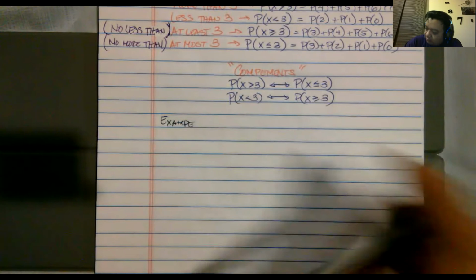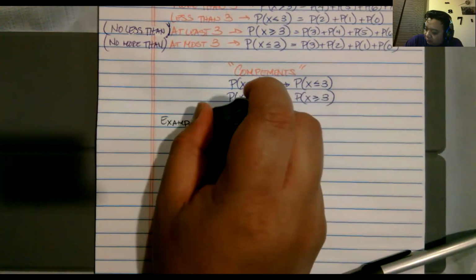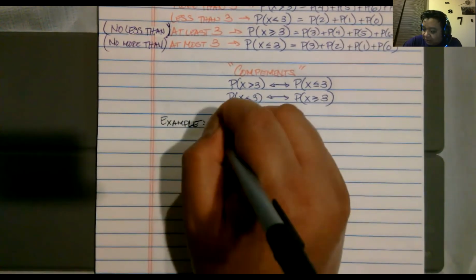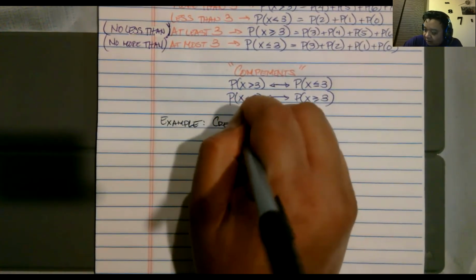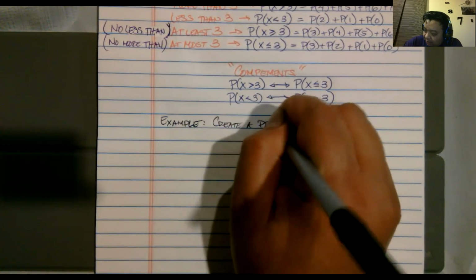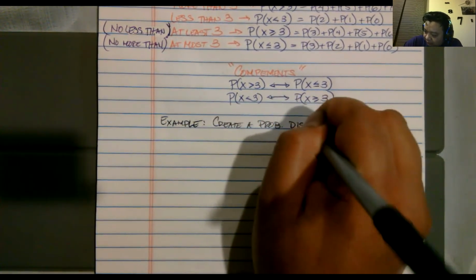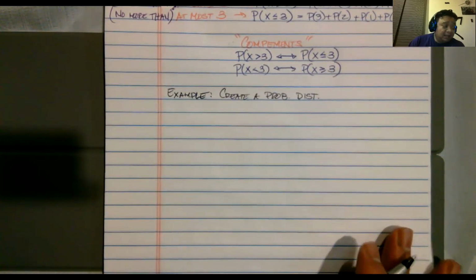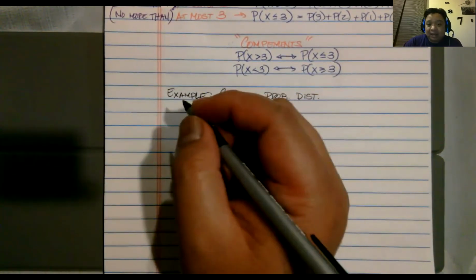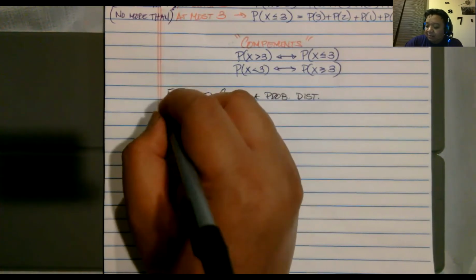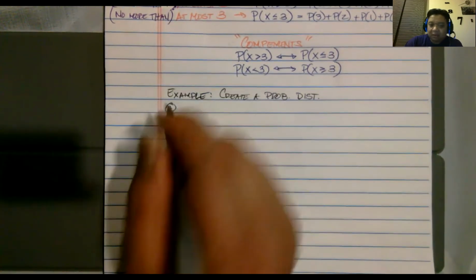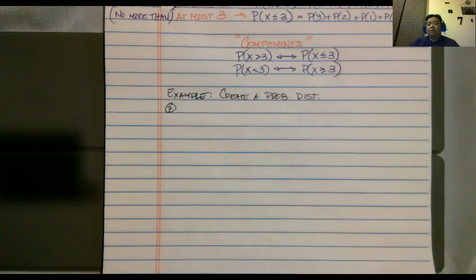So example. The direction is to create a probability distribution. The first one, probably the easiest way to do this, example number 7, is what we call using the law of large numbers.